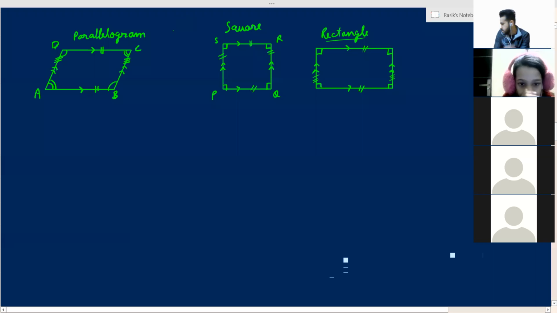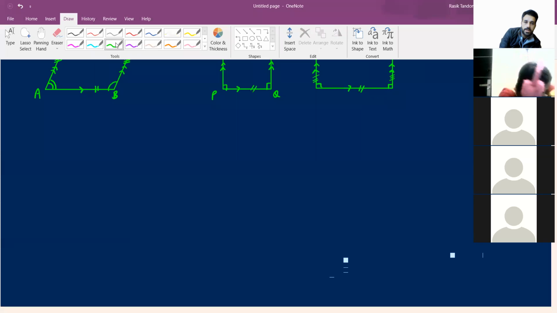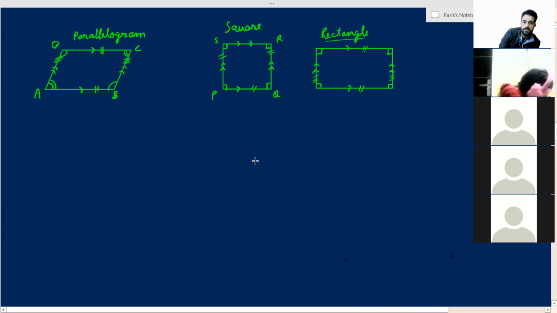The last one is rhombus. As I told you, last one is, sorry, second last. As I told you, rhombus is the elder son of parallelogram. It is also the father of square. Rhombus is known as father of a square.